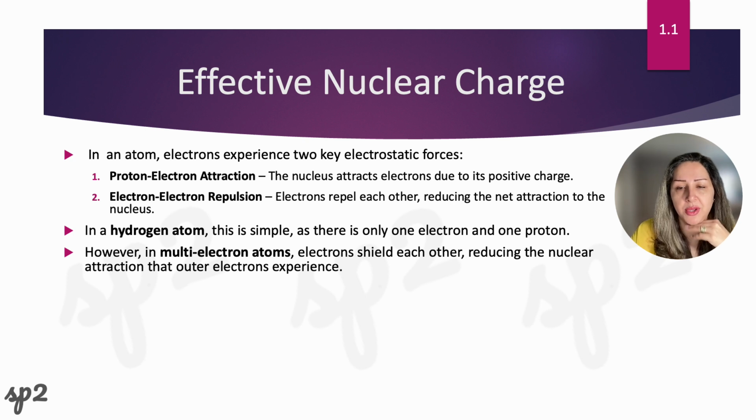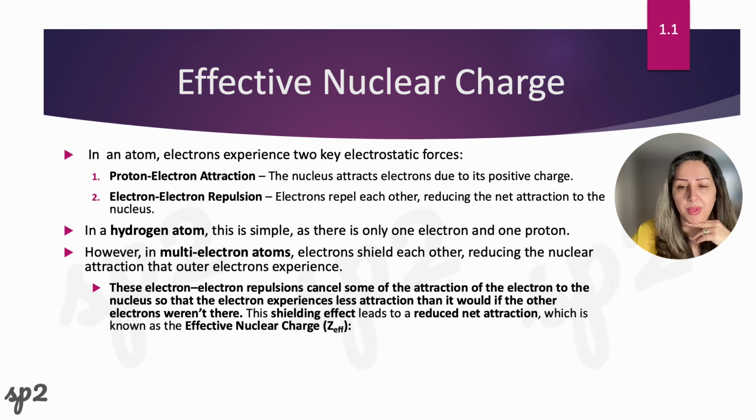The electrons are going to shield each other, which is going to reduce the nuclear attraction that other electrons experience. So this electron-electron repulsion cancels out some of the attraction that the electrons have to the protons, and this is known as Z effective, or the effective nuclear charge.